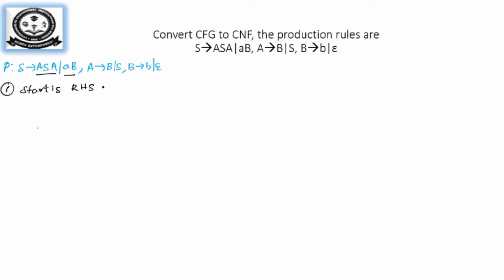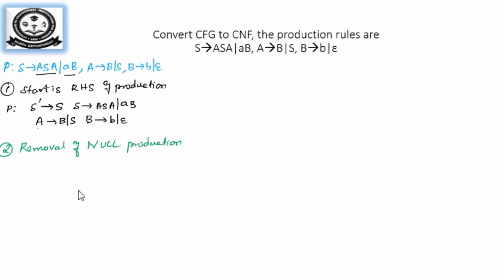So what you will do is create a new production S dash. Your production rule will be changed as S dash tends to S, S tends to ASA or AB, A tends to B or S, and finally B tends to b or epsilon.